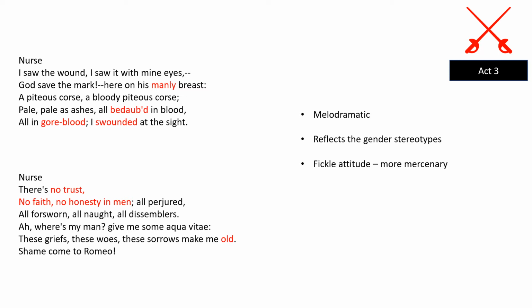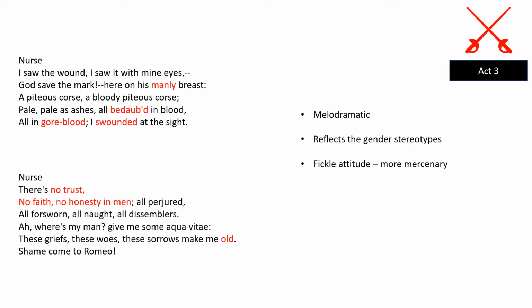Now, by the time we get to Act 3, the nurse changes in her role. And so we move from this loving character to being a little bit melodramatic. And so in Act 3, after the fight, we have the nurse talking about Tybalt's body.